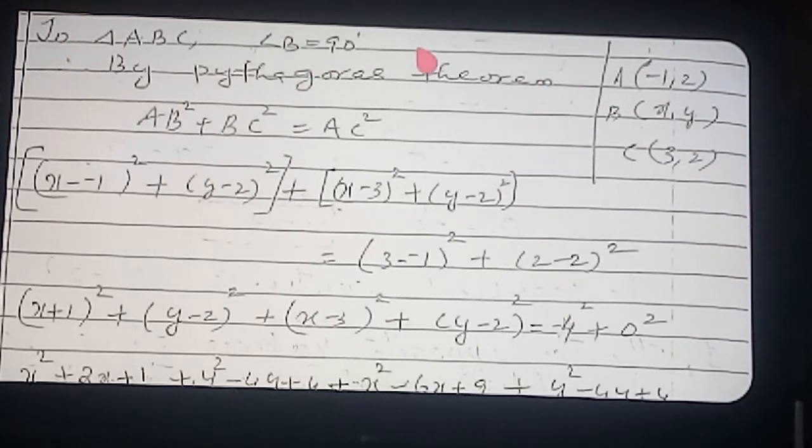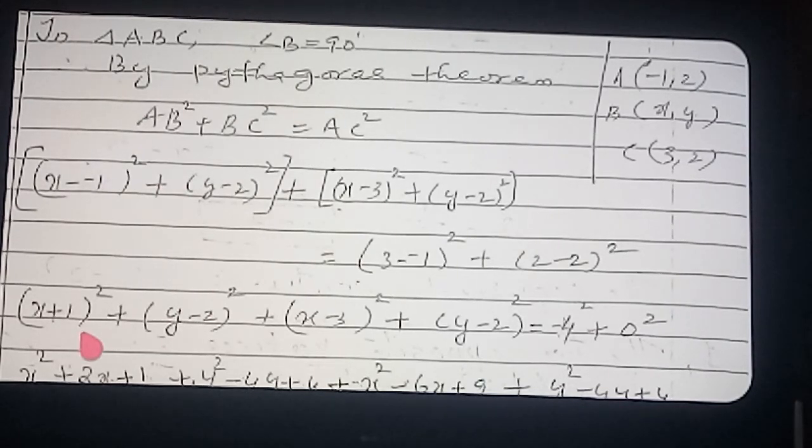Since angle B is 90 degrees, you apply the Pythagoras theorem. So AB square plus BC square is equal to AC square. You can write AB square, BC square and AC square by yourself, because it is only calculation and there is no need to explain again.